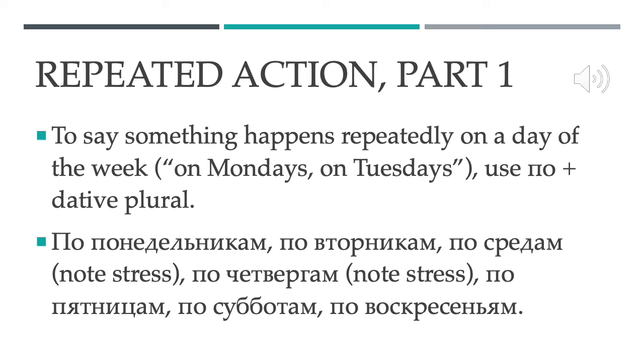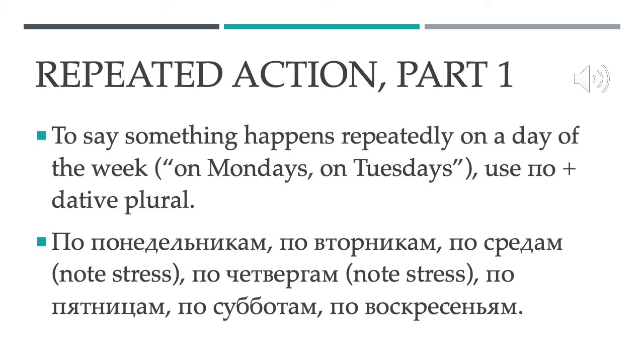По средам, on Wednesdays. Note that the stress shifts back to the end. This is standard for this type of noun. По четвергам, on Thursdays. Note that четверг is actually unstressed, so as soon as we add an ending like ам, the stress is going to shift on to that ending. По четвергам. По пятницам, on Fridays.